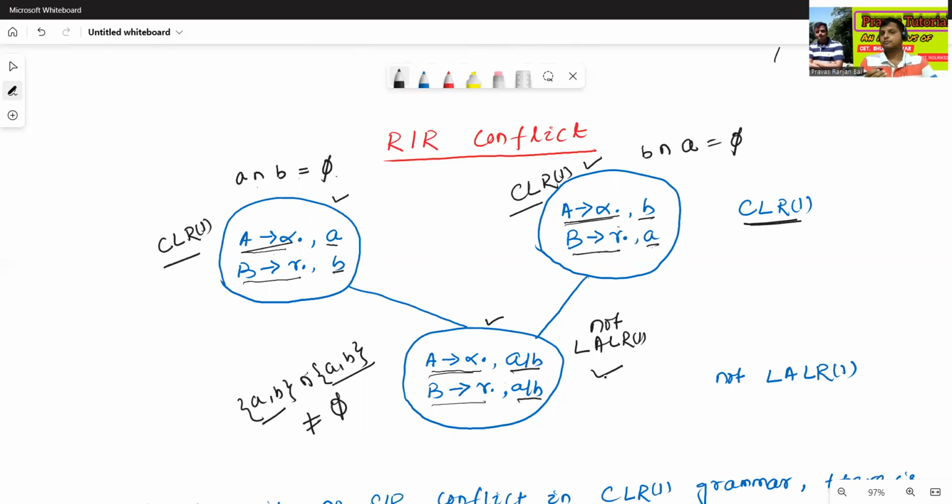Listen, there is no chance of SR and RR conflict in CLR1, but in some cases there may be a chance of RR conflict in LALR1. So that's why CLR1 is most powerful. That's why LALR1 is a subset of CLR1.